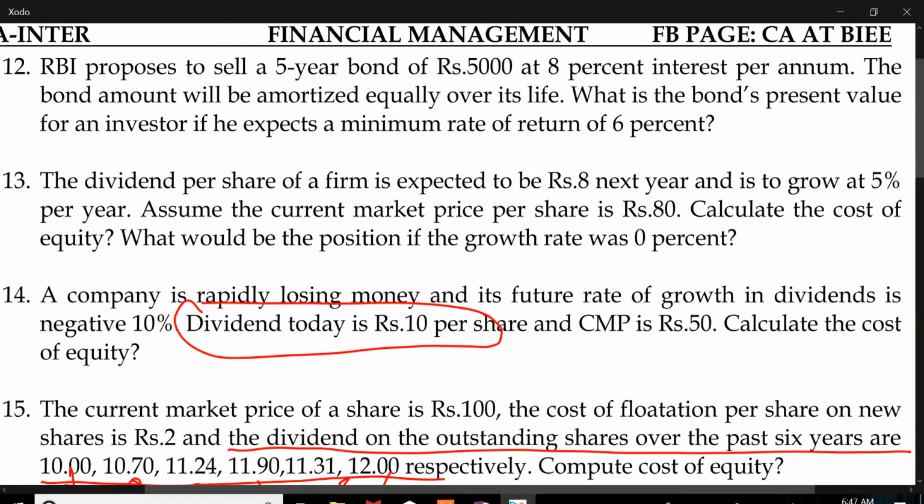Then if the companies are paying dividend, is there no growth, constant growth, or step-up growth? Step-up growth will be learnt in the dividends chapter. For no growth and constant growth, the formula we used was D1 by (P0 minus F), where F is flotation cost, plus growth rate.